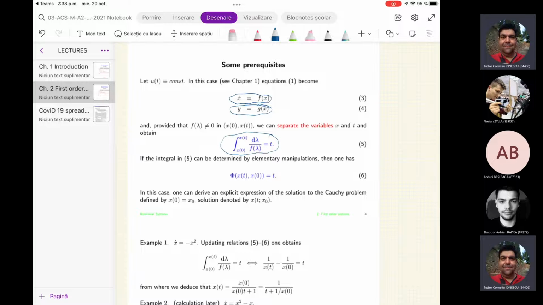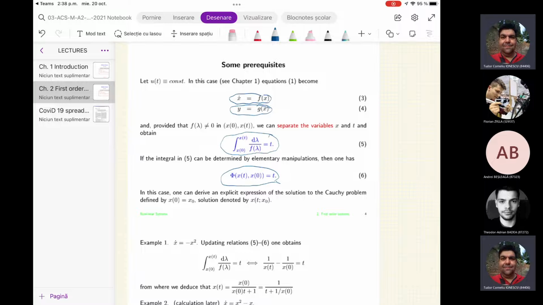The integral in 5 can be determined by elementary manipulations. So integrating the left side, you get some function depending on x of t and on x0, the initial condition, and on the right-hand side, you get the time t.